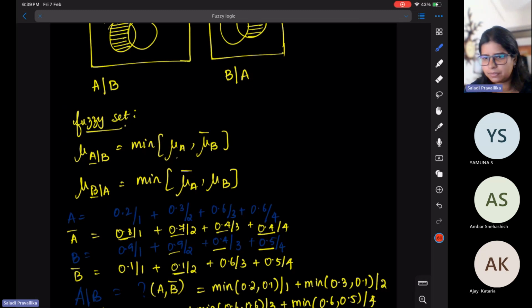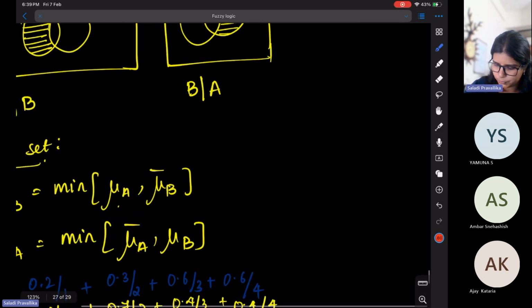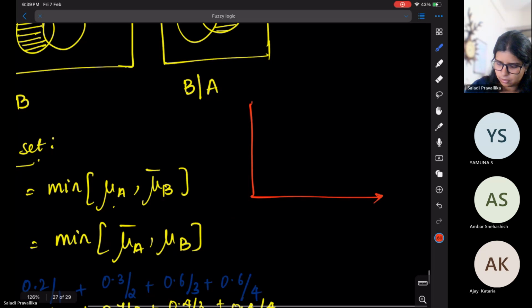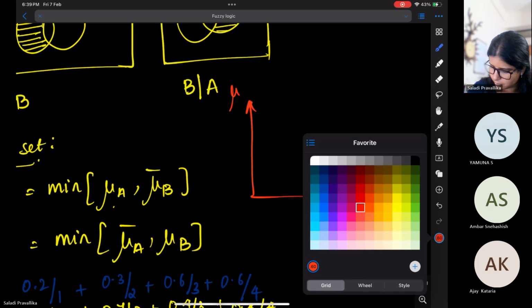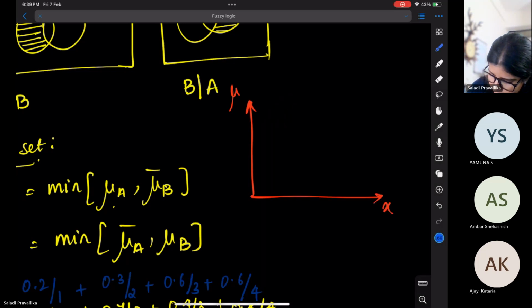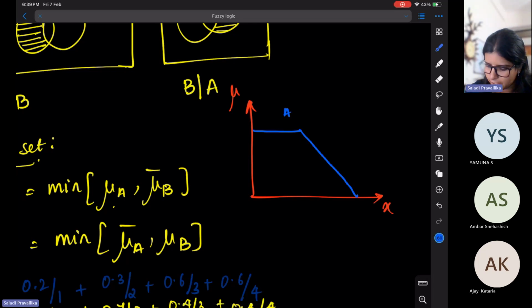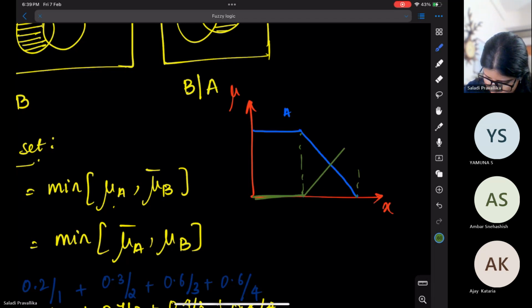What happens when we take a difference of the same fuzzy sets? I will show you. Let us call this A, and we'll draw A dash. This is A dash.